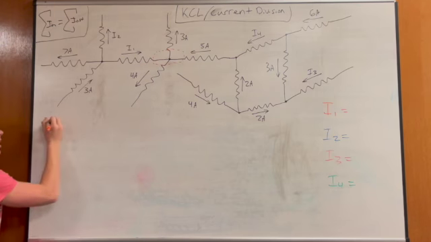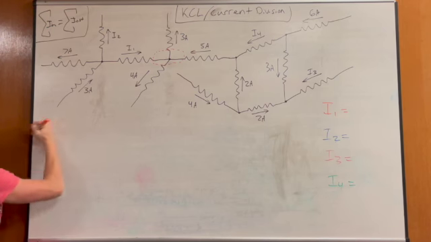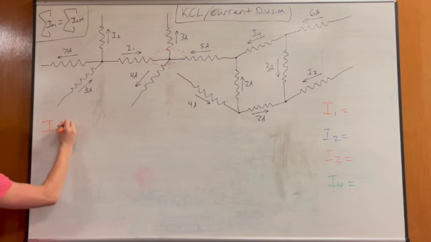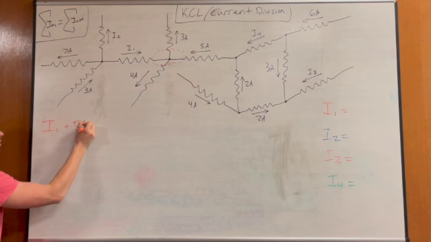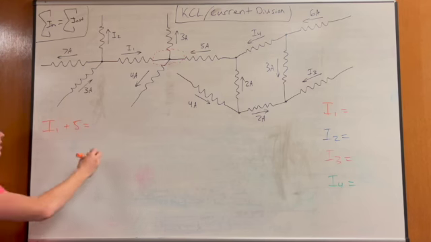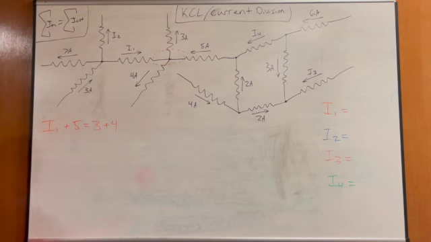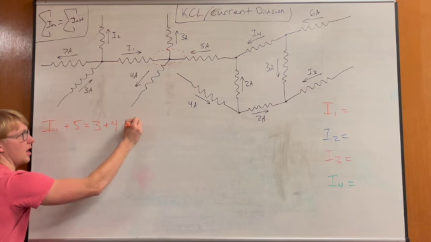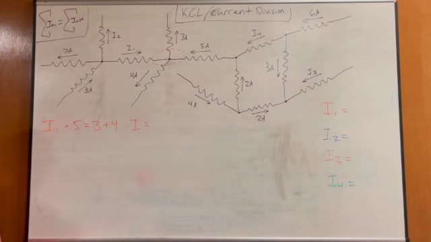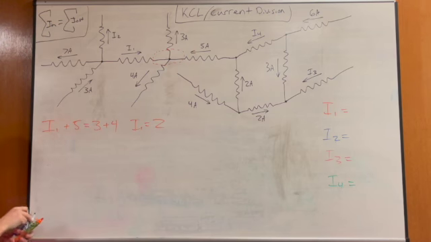So I1 plus 5 is going to be equivalent to the current going out, which is 3 and 4. That means I1 is going to equal 2. Probably what you got, right?